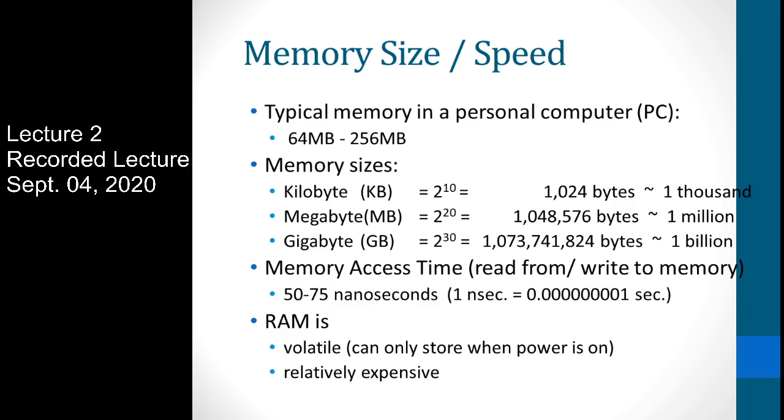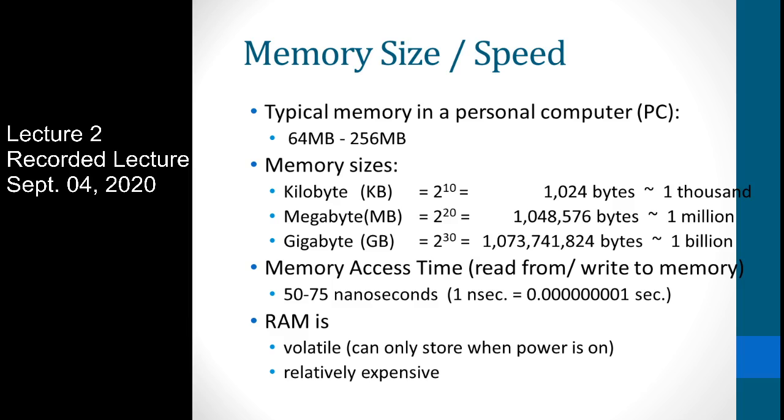Kasi imagine niyo, every nanosecond kailangan niya mag-read and write ng data. Kailangan niya bumasa at maglagay ng data. Paulit-ulit yun. Okay? Nanoseconds. Sobrang bilis. Wala pang 1 segundo. Kailangan niya mag-read and write.